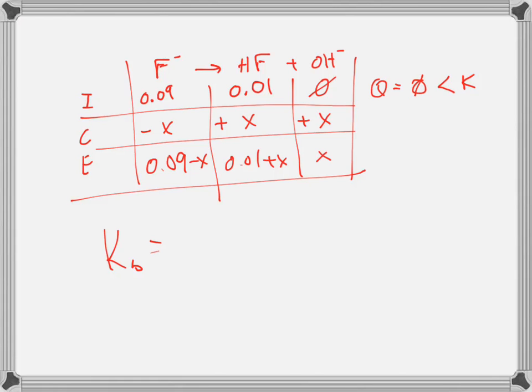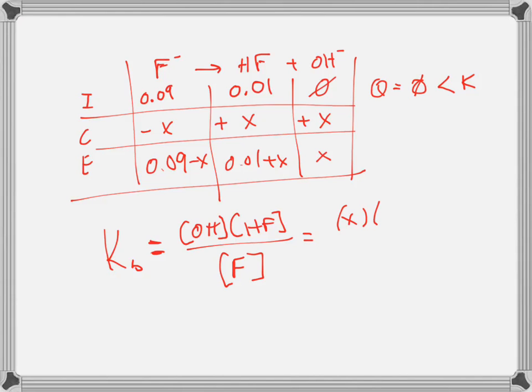Now what can we go through and do? Kb equals, and I'm going to write it out nice and long. You guys can wait for me. Our OH minus times the concentration of our HF divided by our reactants, we get x times 0.01 plus x over 0.09 minus x.